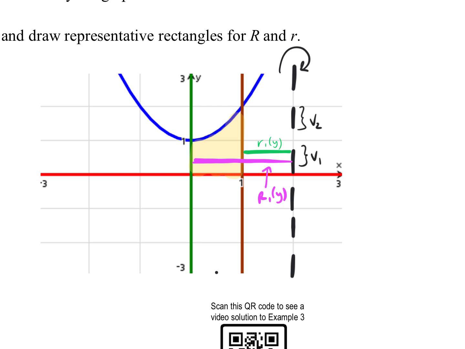Okay, once we get up to volume 2, volume 2's R2 value is going to change. However, my little r, the little r2, is going to stay the same.